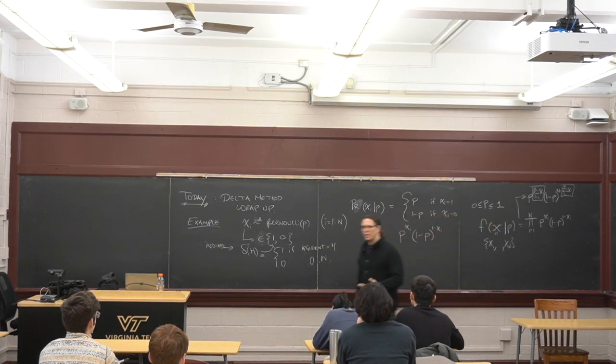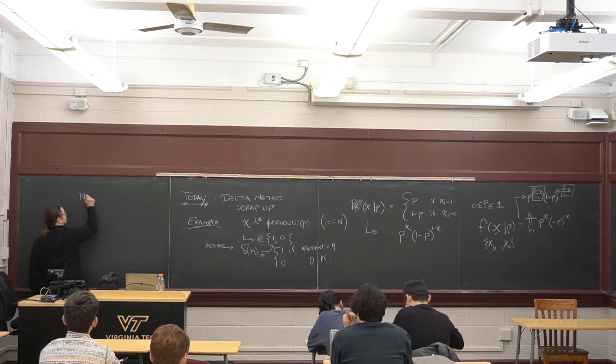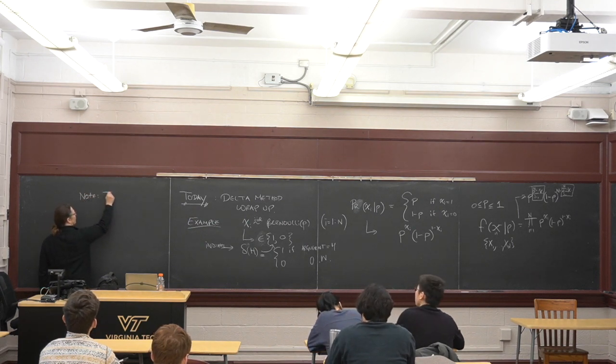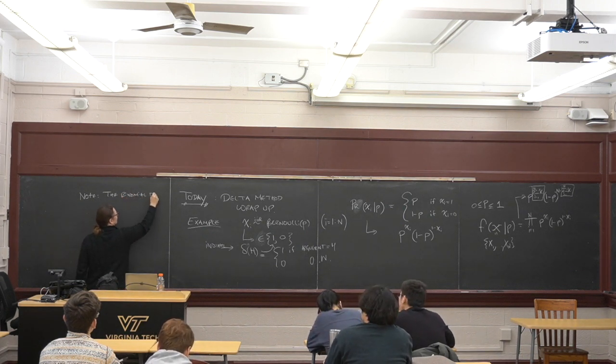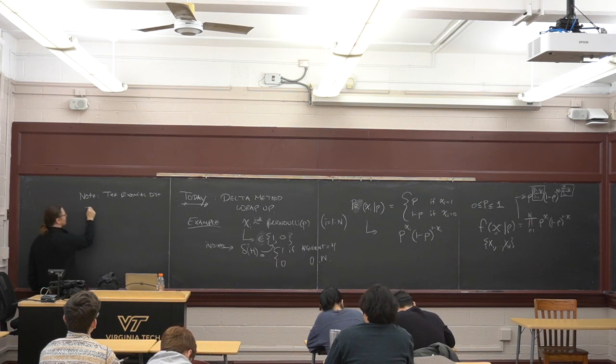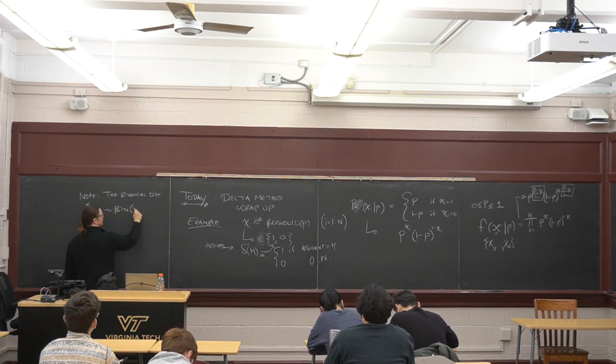Josiah mentioned the binomial distribution. So note the binomial distribution is for the sum of the xi's. It concerns this test statistic, and this is binomially distributed with parameters n and p.